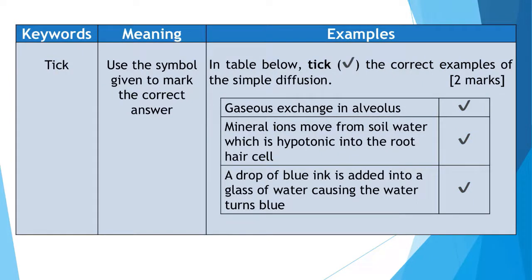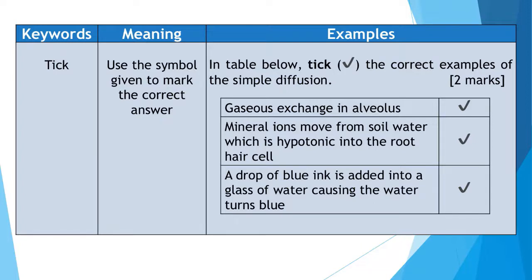We look at another case. Tick the correct examples of the simple diffusion. 2 marks. Which means that you need to put 2 ticks as the correct examples of the simple diffusion in this column.